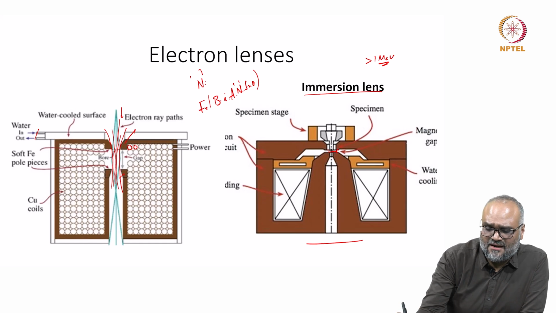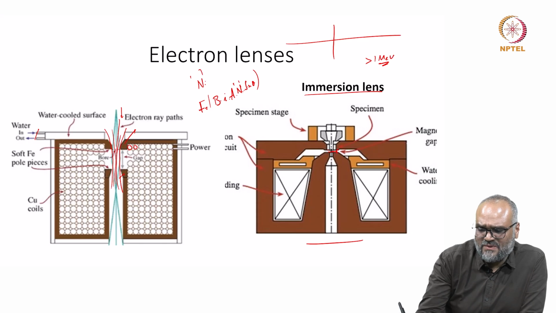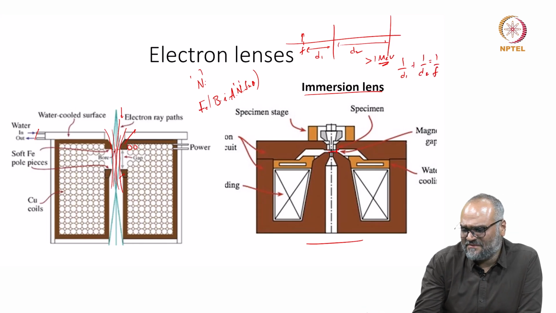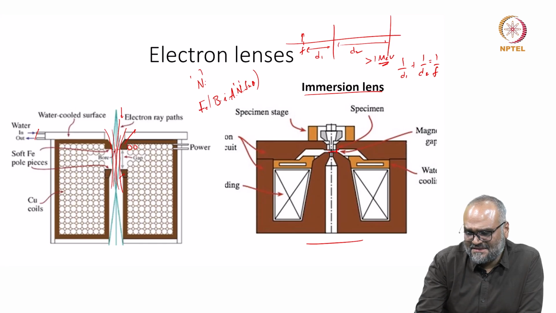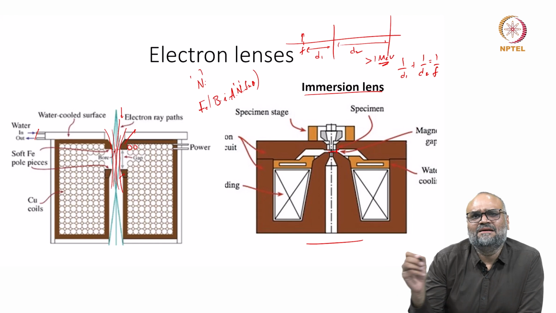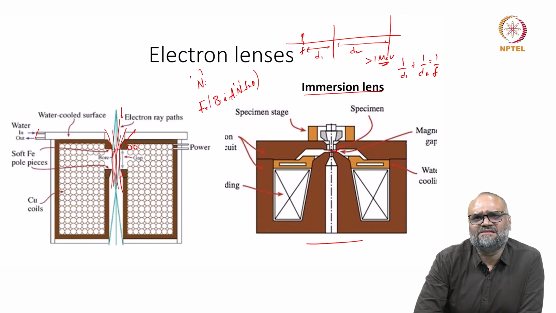So, if I draw a simple optical equivalent of a lens and I place an object at a distance, say d1, and let us say I want to bring this as close as possible to the focus, and if I say I am forming an image at a distance d2, I know that 1/d1 + 1/d2 = 1/f, and by bringing this d1 as close as possible to the focal length, I can achieve as high magnification as possible.